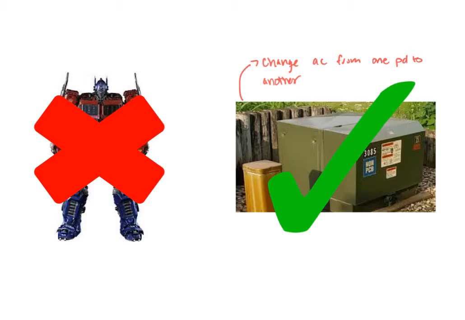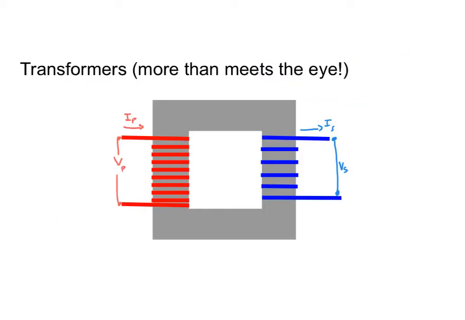So for example, we could use the same electrical power plant to generate current for a light bulb and current for a massive particle accelerator, because we can change the amount of voltage being produced or being used by using a transformer. So now you know why transformers are useful. Let's go ahead and talk a little bit now about how they work.